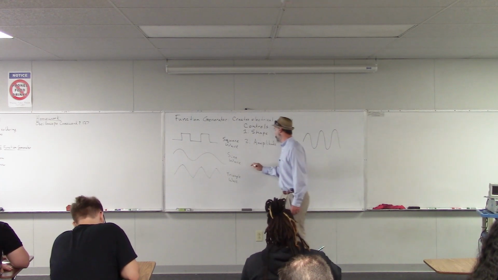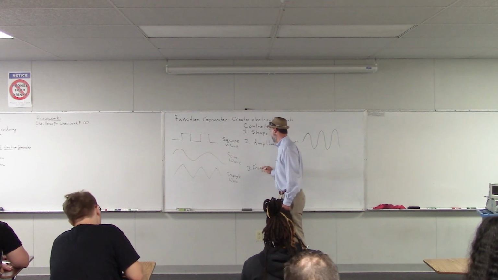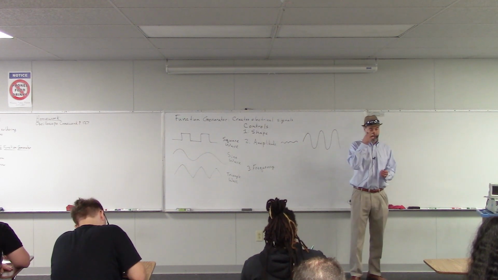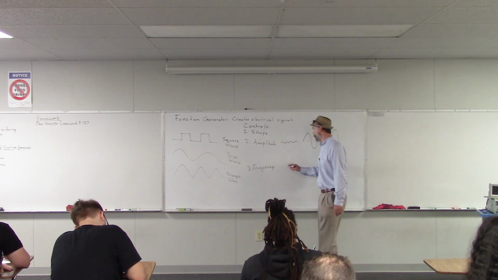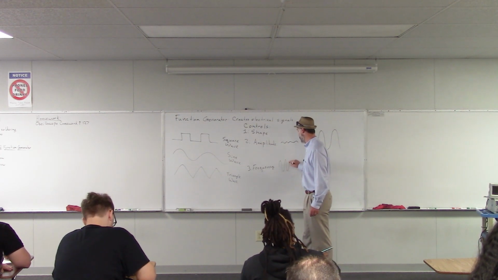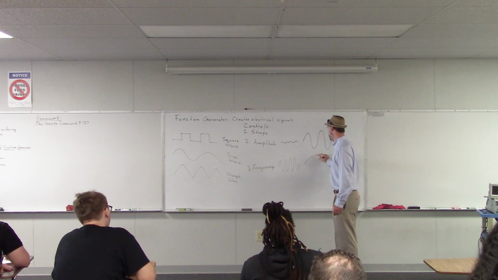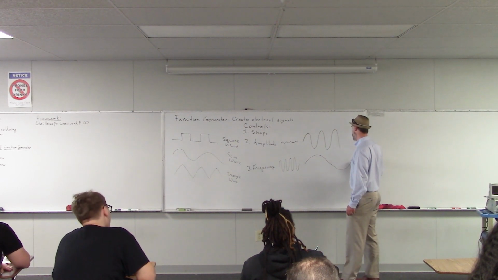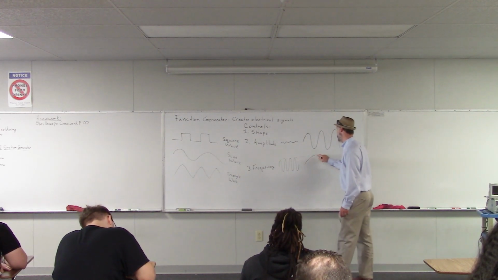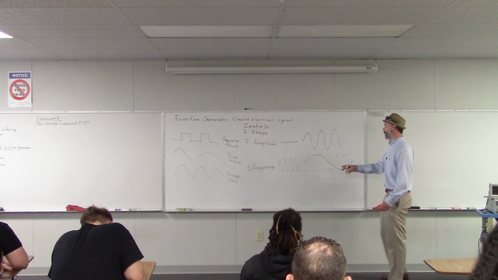And then the third thing that you control is frequency. Frequency is how often that wave repeats. So you could have a fast frequency like this, or you could have a slow frequency. It looks more like this. So you can see I tried to make the amplitudes of these waves about the same, but the frequency is very different.